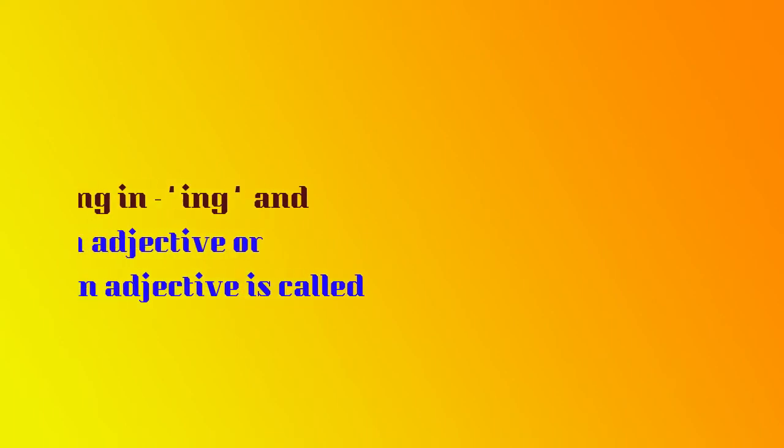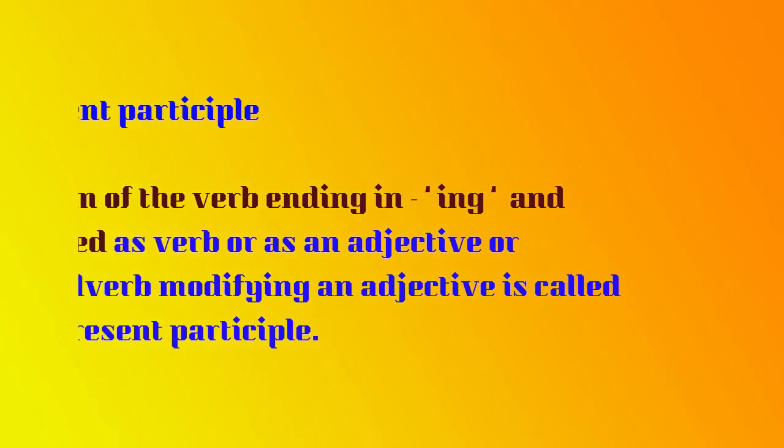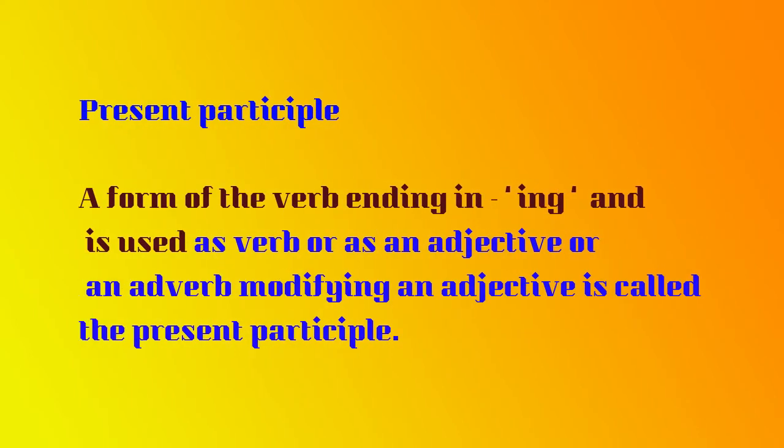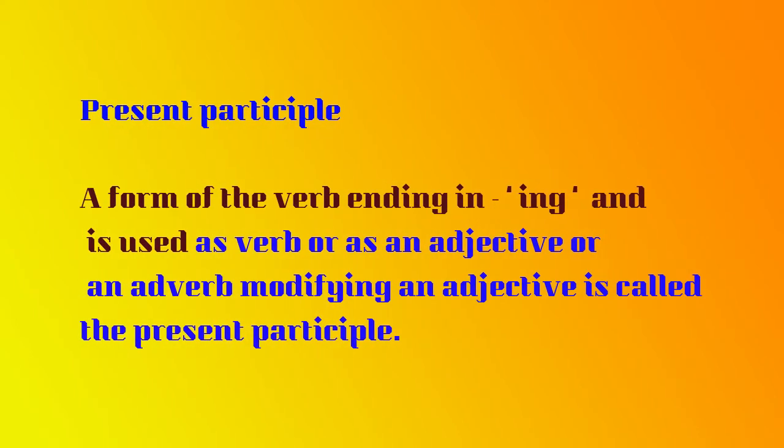Now, what are present participles? I already told you, even present participles have the same form as gerunds. Present participles are formed with verb plus ing, and are used as a verb or as an adjective or an adverb.